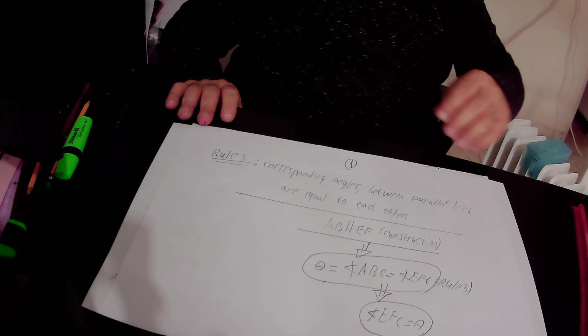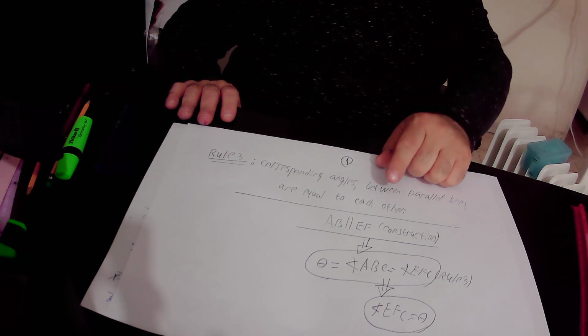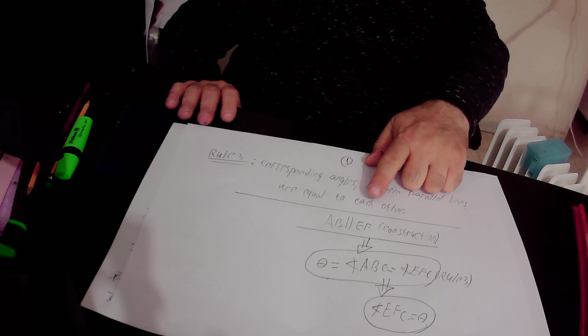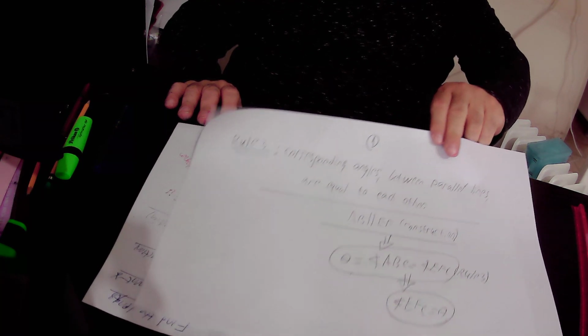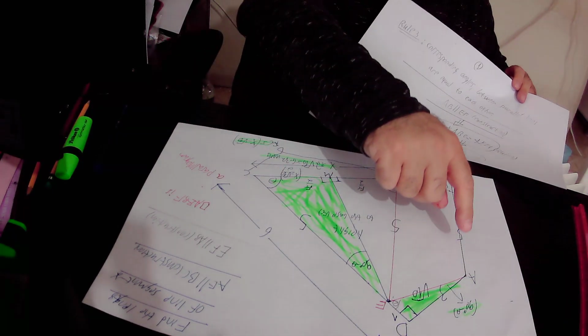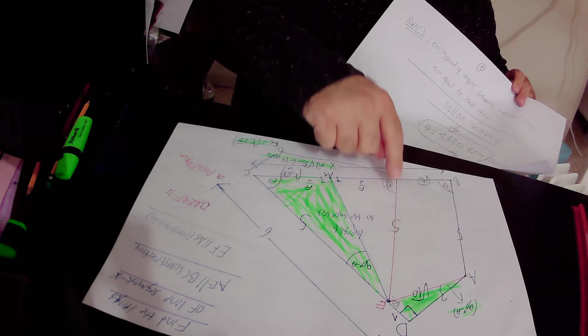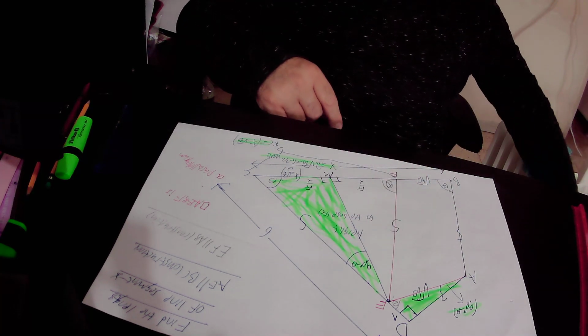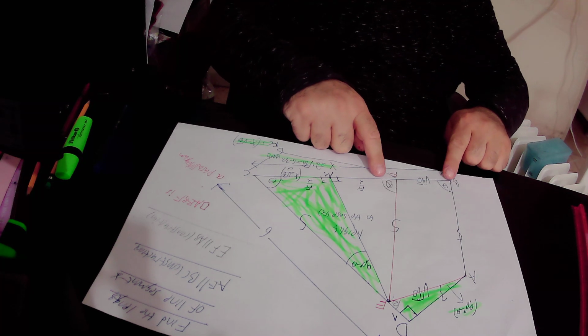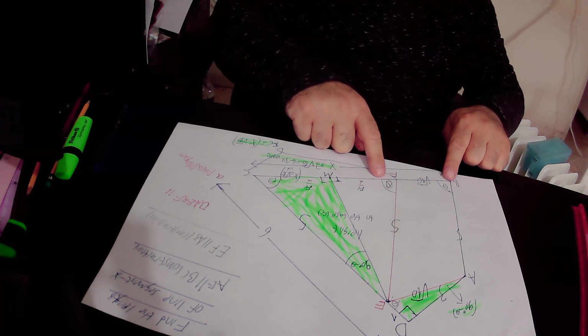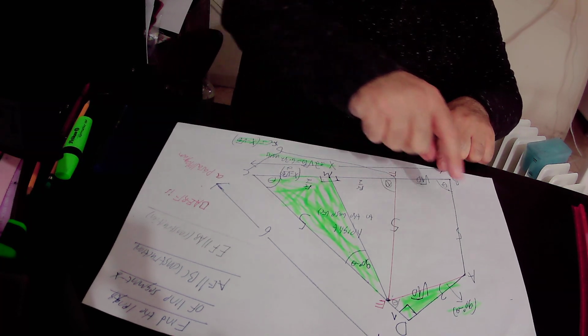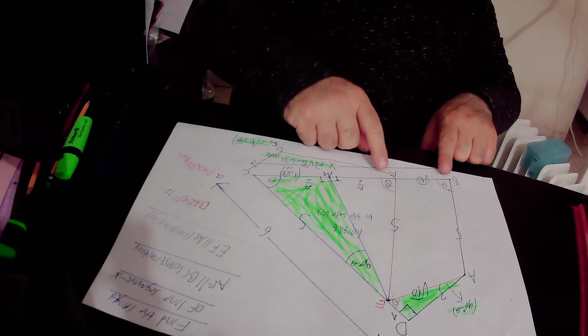So here, according to our construction, AB is parallel to EF. Therefore, those two angles that are defined as corresponding angles that are located between the parallel lines AB and EF will be equal to each other.